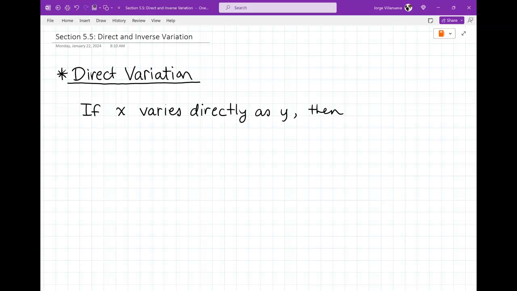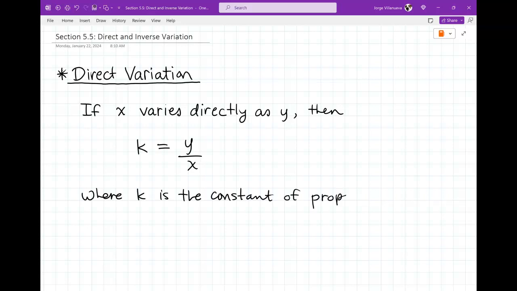Then we get k equal to y over x, where k is the constant of proportionality.